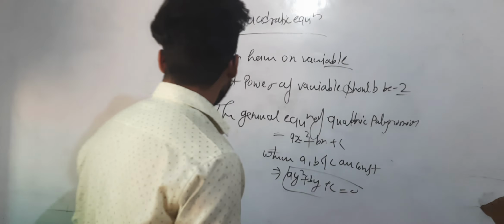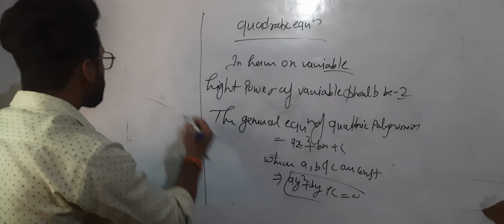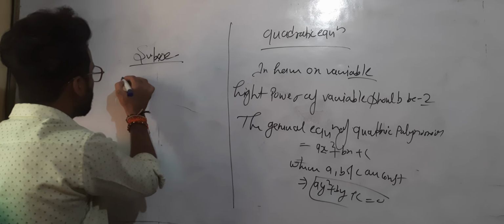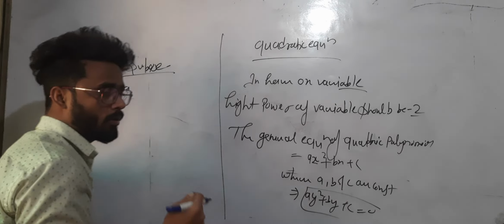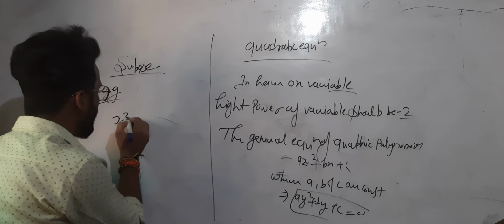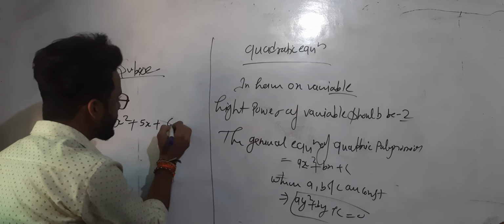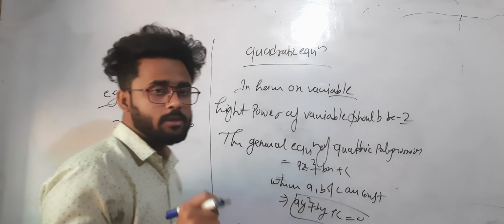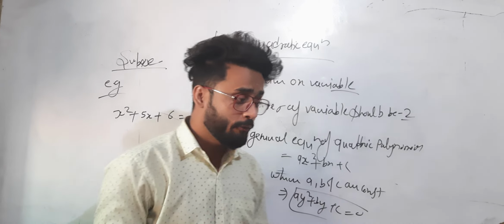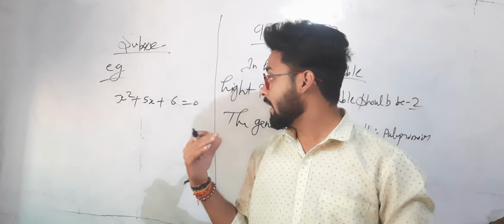Suppose you have an example, and we will understand with the help of the example. You have x square plus 5x plus 6 is equal to 0. The polynomial must be equal to 0, then find the value of x.